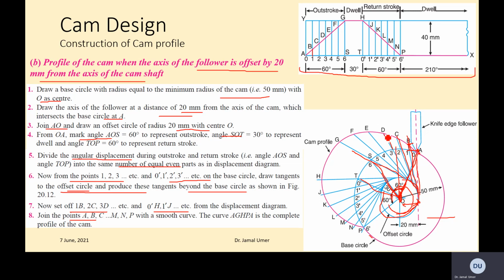So 3D is this one, for example, you mark that one. So that's the point. And 4E is this one, and then you mark the 4E basically. That's the way it is actually.